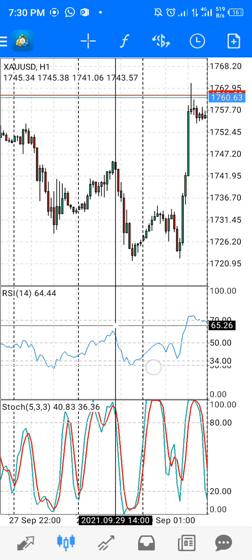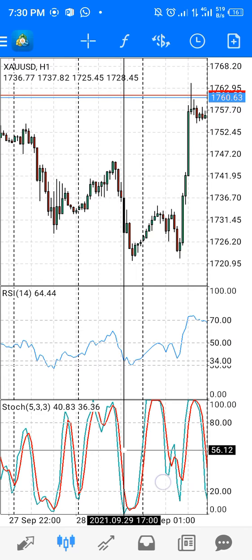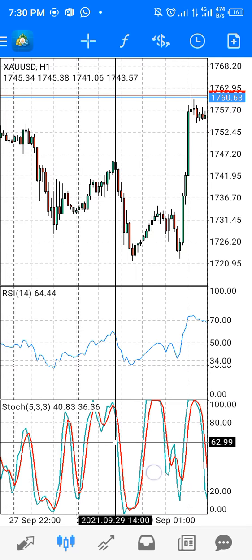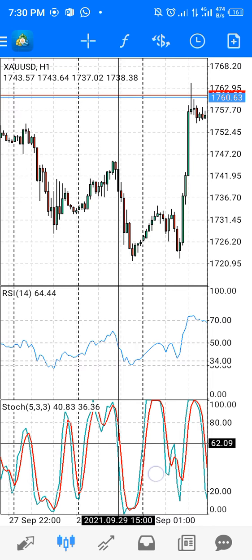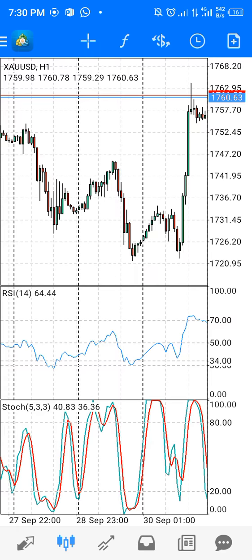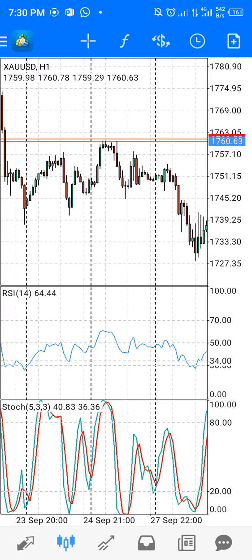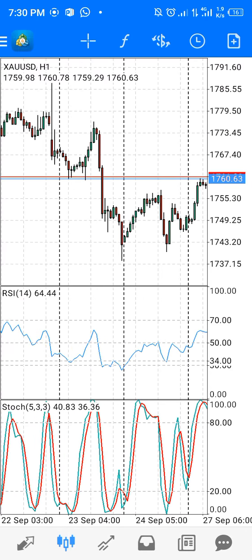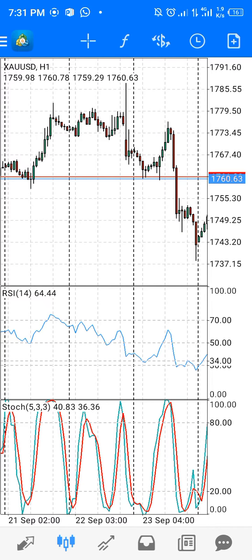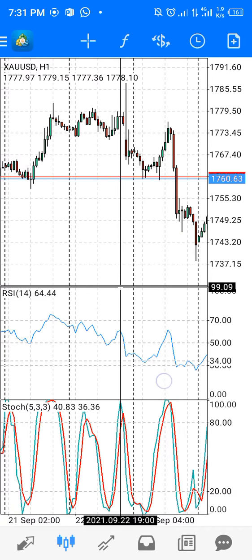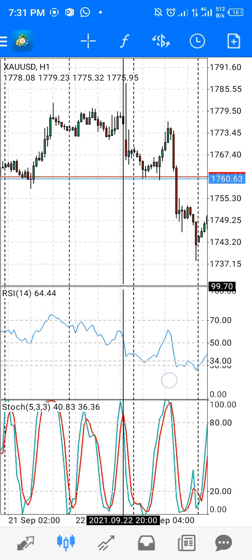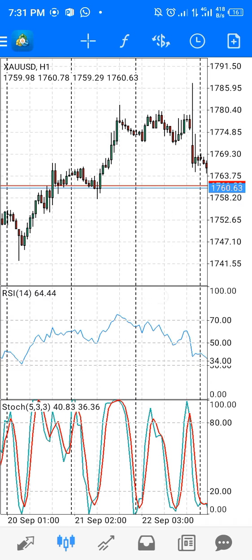At this point, stochastic is at the 62 level, so it's not an entry. Let's keep going backwards. At this level, stochastic is still at the high side, so there was no entry on this one.